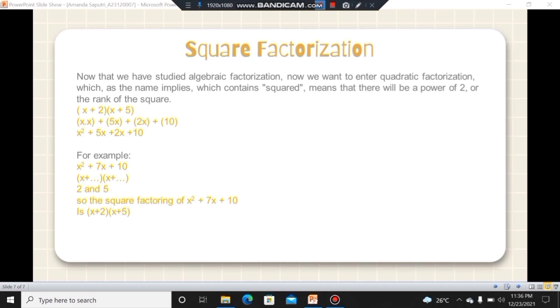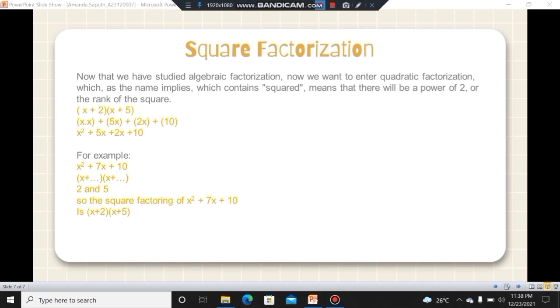Now let's go back. What if the expanded form is what we know and we are asked to factor it? This is called quadratic factorization. In quadratic factorization, you will find the general form as follows. To find the quadratic factorization, there are patterns, guys.